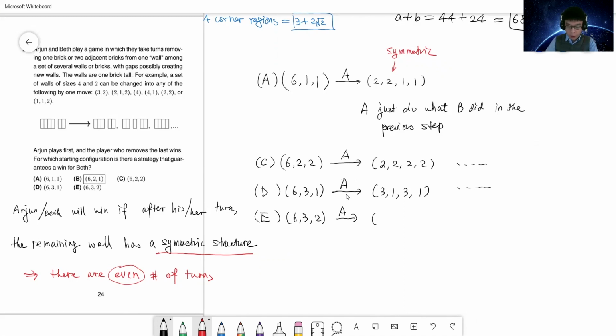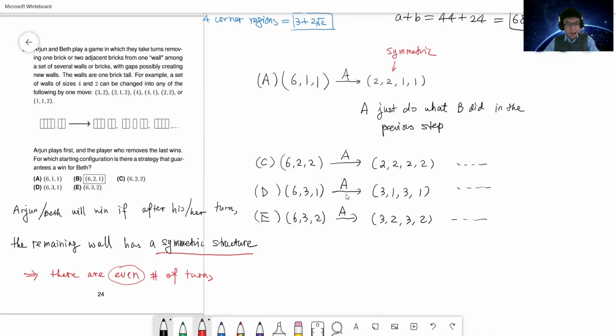He can remove 1 brick from the six-brick wall to have 3, 2, 3, 2. In the future, Arjun just follows her removal, doing what Beth did in the previous step, and he will be guaranteed to win. Now let's check B.